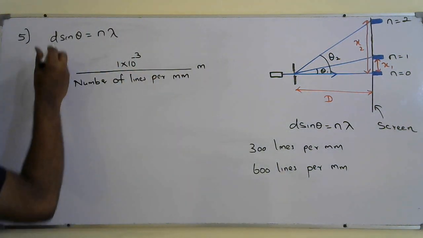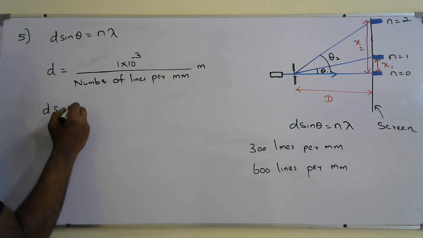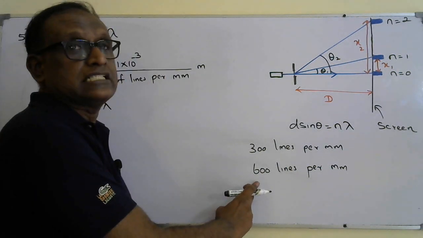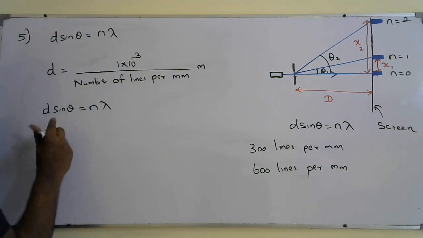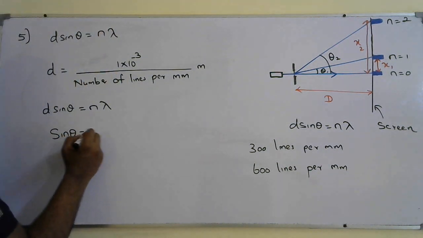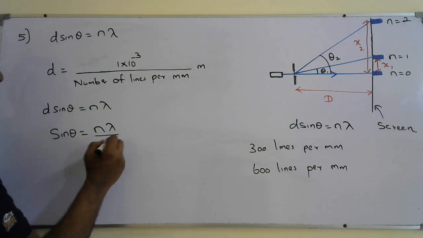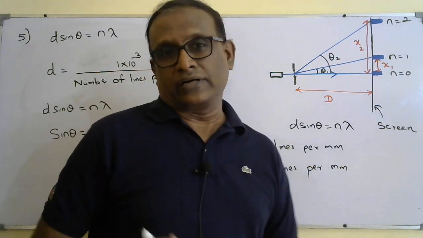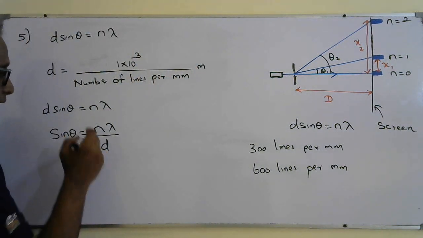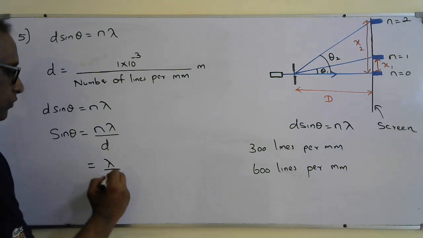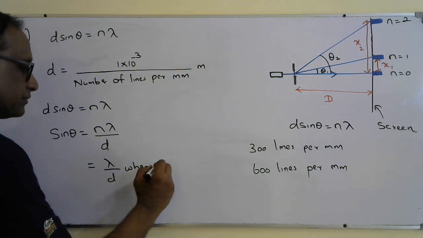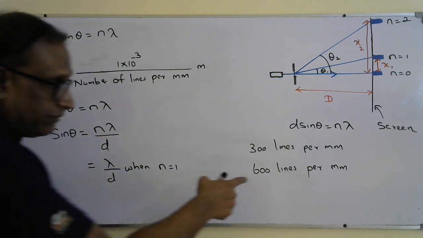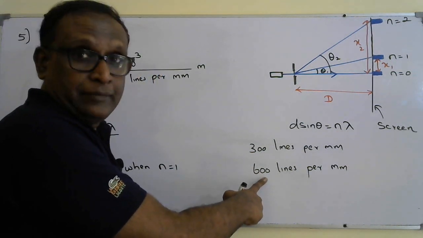Now what will happen? d sin theta equal to n lambda. So when I use a diffraction grating with a larger number of slits per millimeter, d will decrease. When d decreases, what will happen? Sin theta equal to n lambda over d for a particular order. Say, for example, we'll take first order. When n equals 1, it becomes lambda over d. I told you d will decrease when the number of lines per millimeter increases.